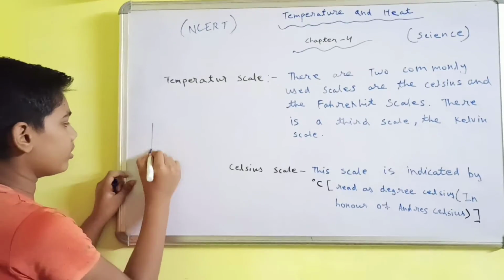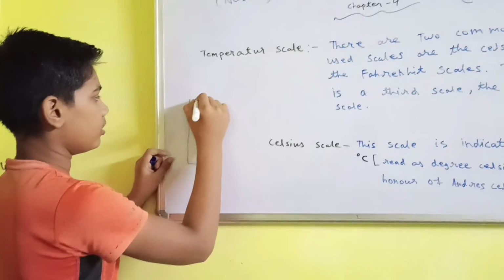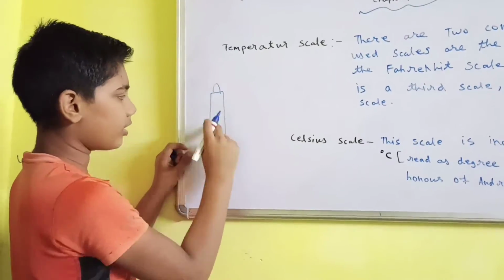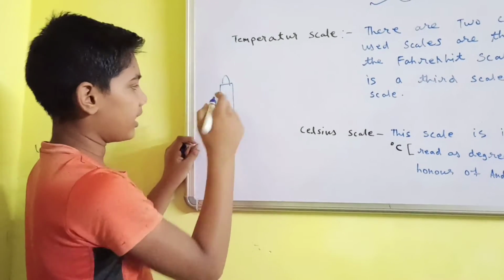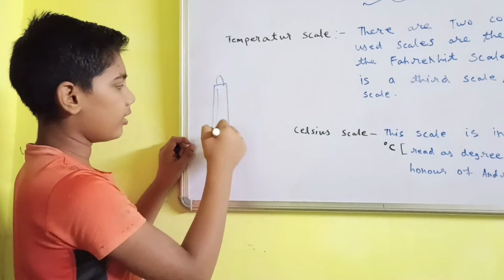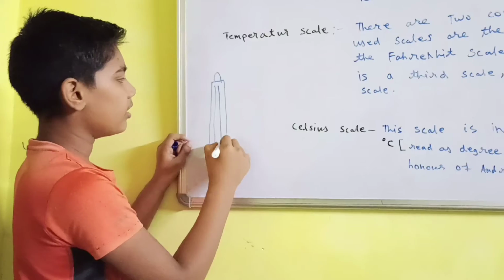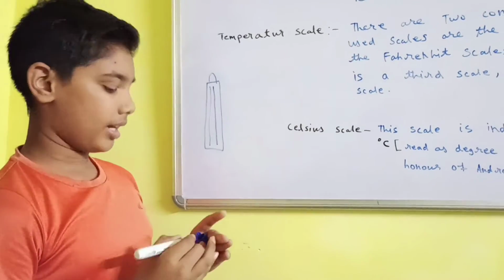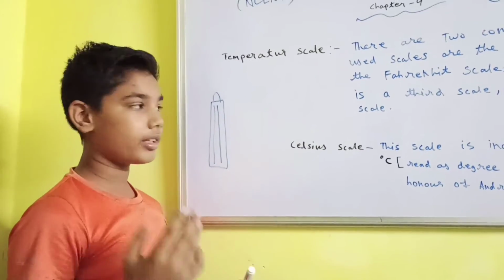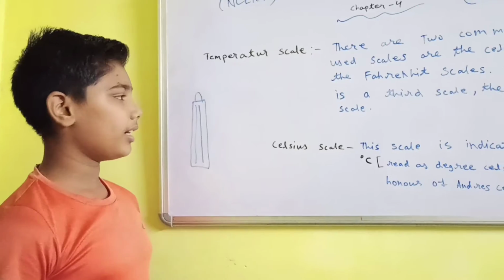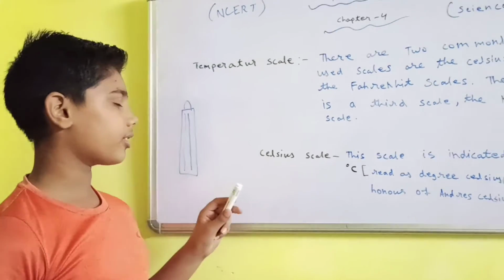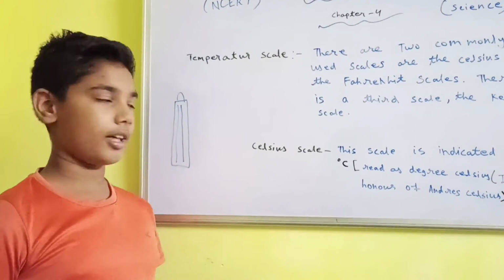So this is a thermometer, and in this thermometer there are two scales. This is the Celsius scale and this is the Fahrenheit scale. And there is also a third scale known as the Kelvin scale, but in this video we will not discuss the Kelvin scale because we will study it in higher classes.